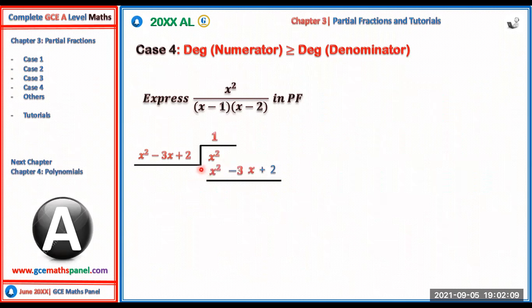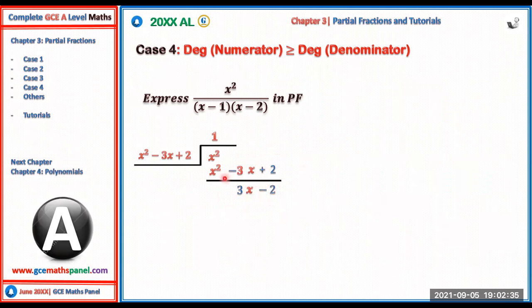Normally we don't write the subtraction sign, but we are subtracting this from this. So we have x squared minus x squared, 0, and 0 minus minus 3x is plus 3x, and 0 minus plus 2 is minus 2.